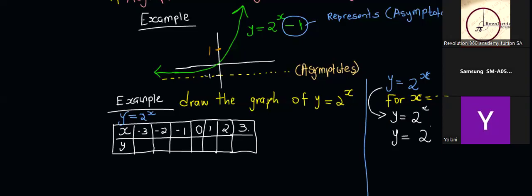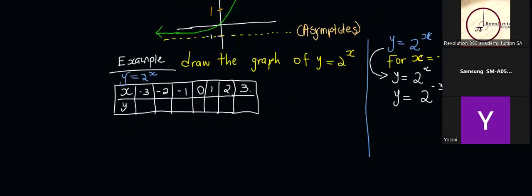You can press your calculator, or if you're familiar with the laws of exponents, you know that 2 to the exponent of -3 is the same as 1 over 2 to the exponent of 3. This gives you 1 over 8, because 2 to the exponent of 3 gives you 8. So where x equals -3, y is 1 over 8. Here I'm just going to write 1 over 8.